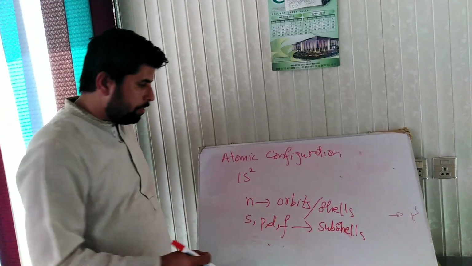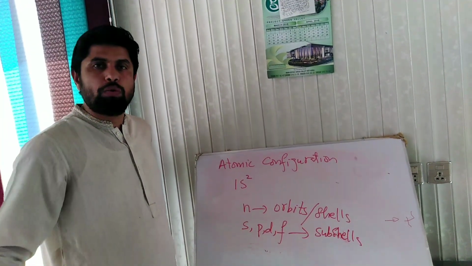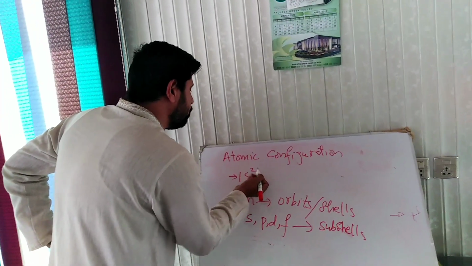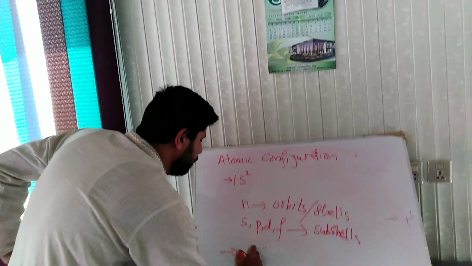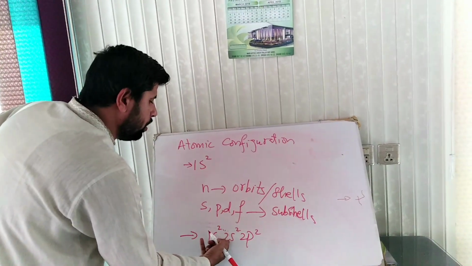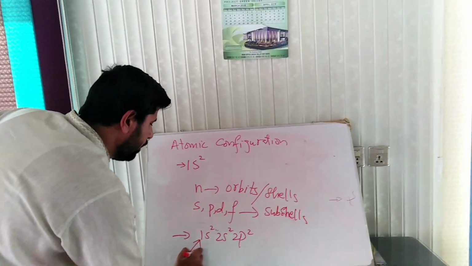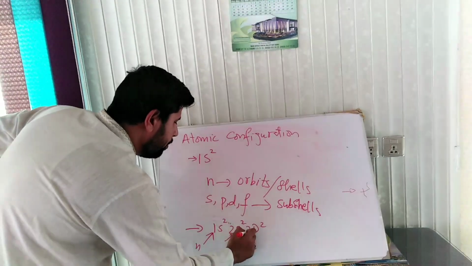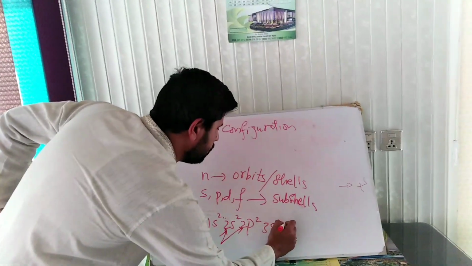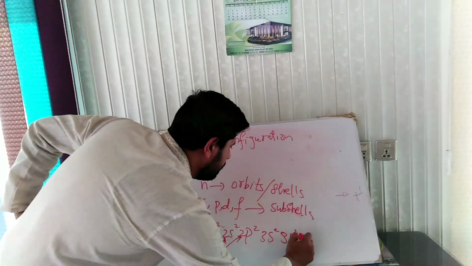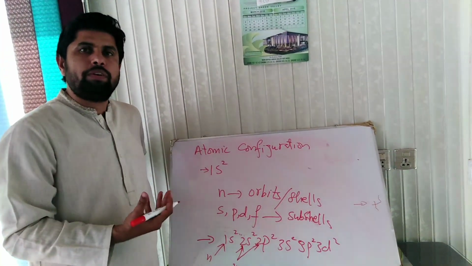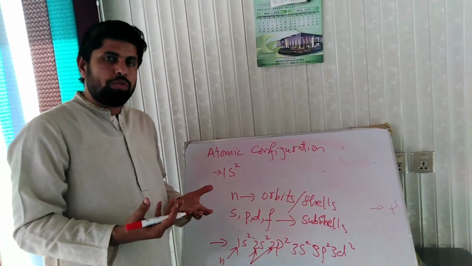According to our electronic configuration, electrons can go in 1s square, or 1s square, 2s square, 2p square. Here 2 is n, and s and p are orbitals. Similarly, we can go 3s square, 3p square, 3d square. Further, you can see all the atomic configuration in your lecture notes.